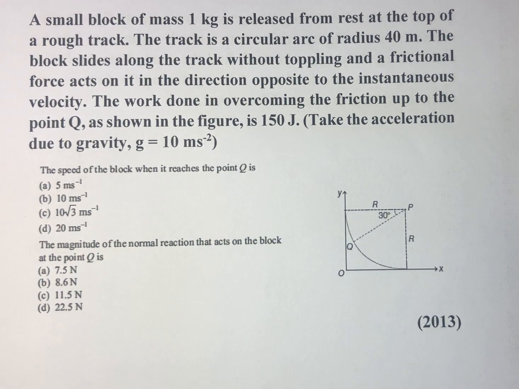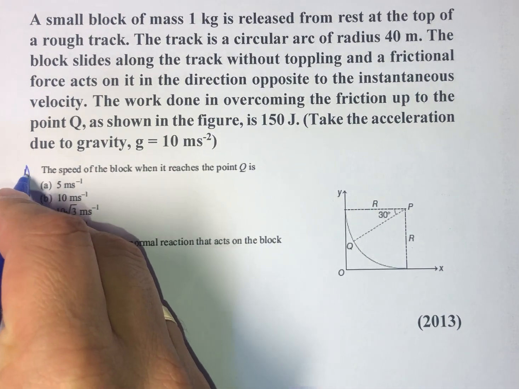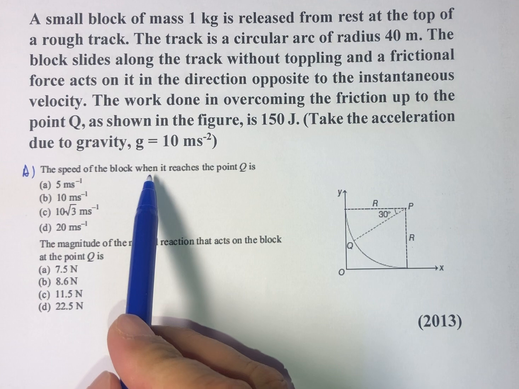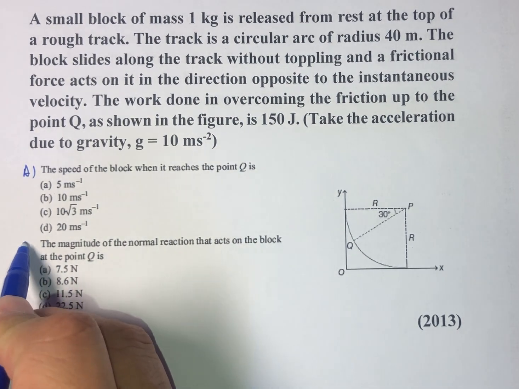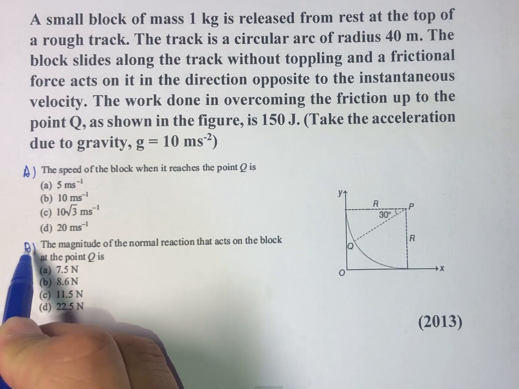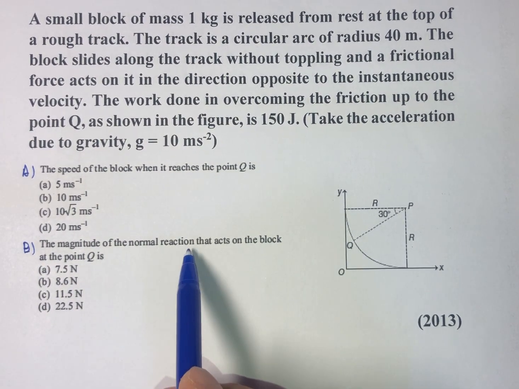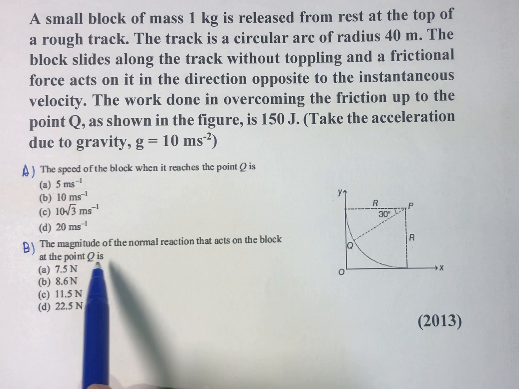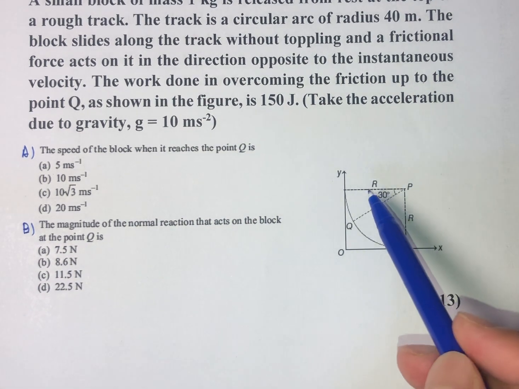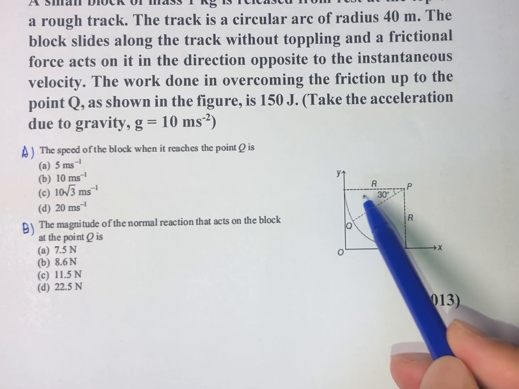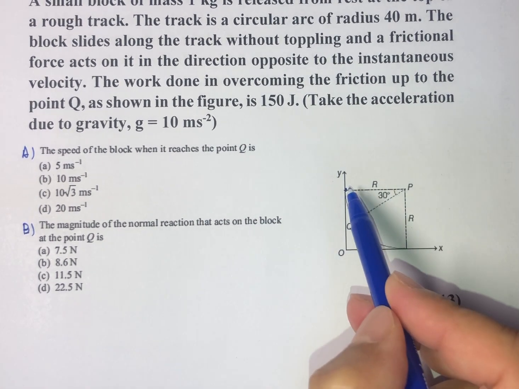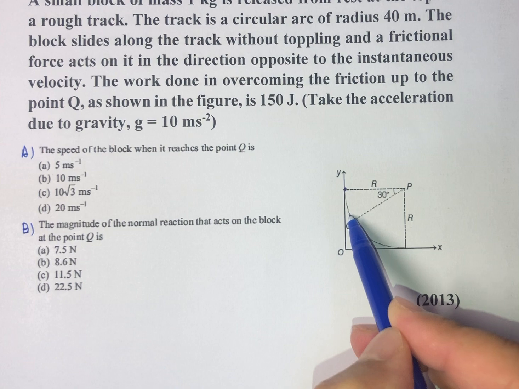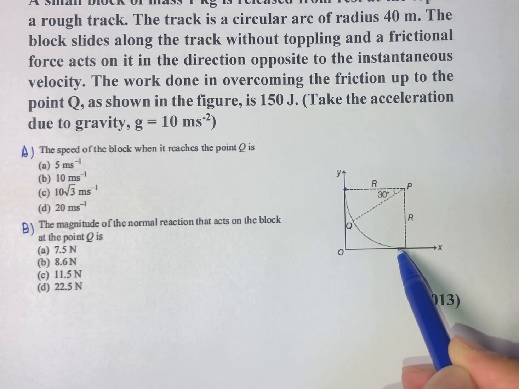So we have to find out two things. First, we have to find out the speed of the block when it reaches the point Q, and second, we have to find out the magnitude of the normal reaction that acts on the block at point Q. So the block is released from this point and it travels along this circular arc.